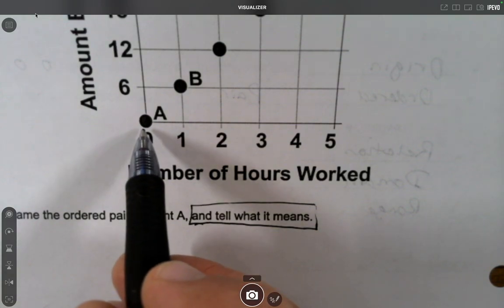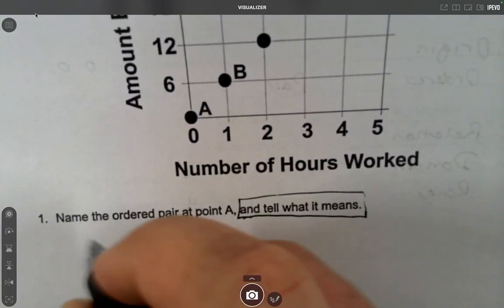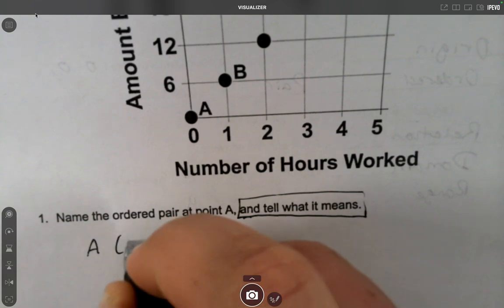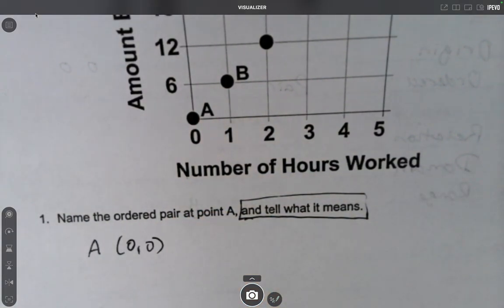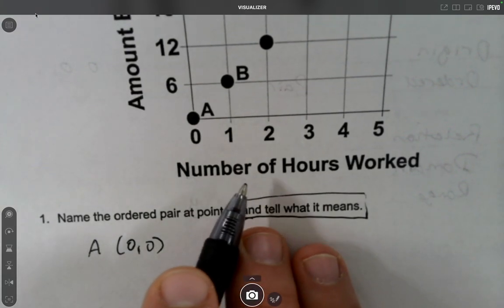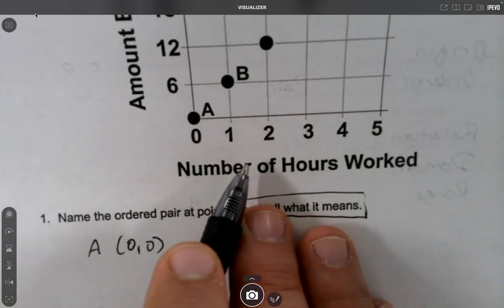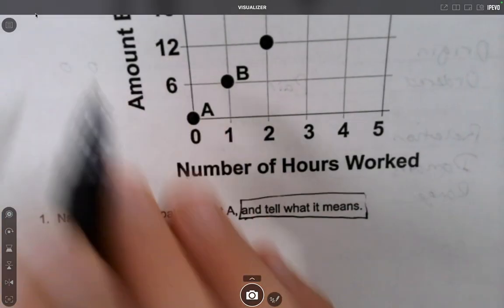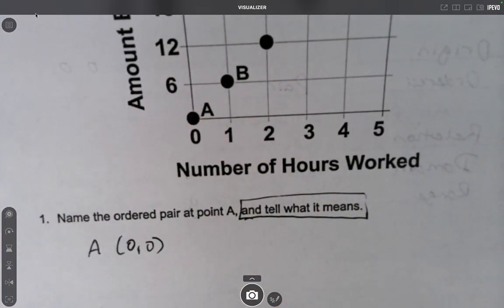So the ordered pair A, that's that point right there. You can see it's right there at the origin basically. So ordered pair A is 0, 0. So the x value is 0 and the y value is 0. So that means the number of hours that they worked are 0 and the amount of money they earned is 0, which makes sense. If they didn't work, they don't earn any money.